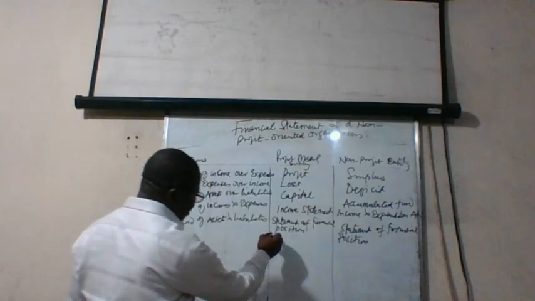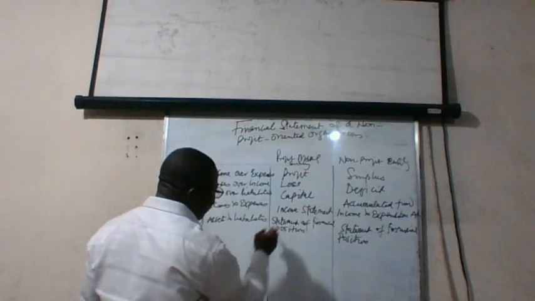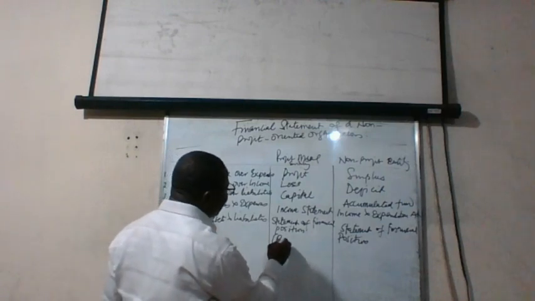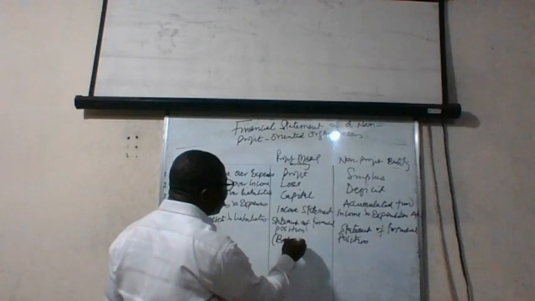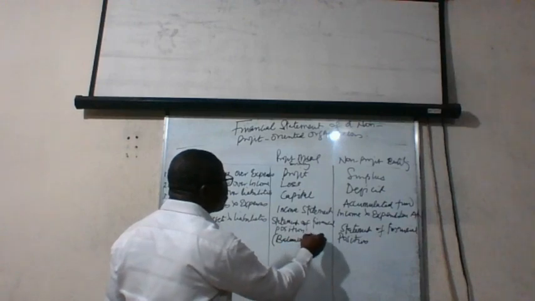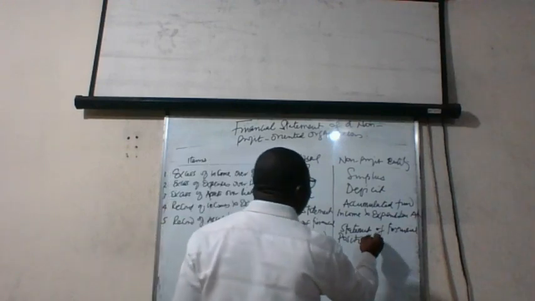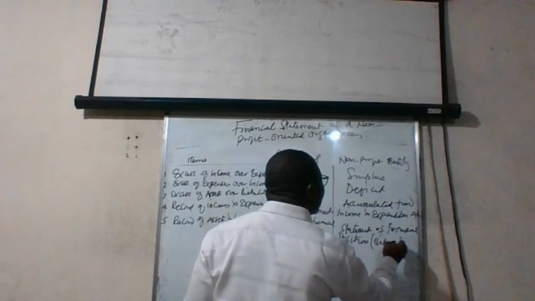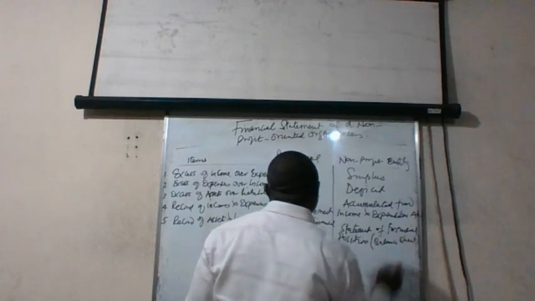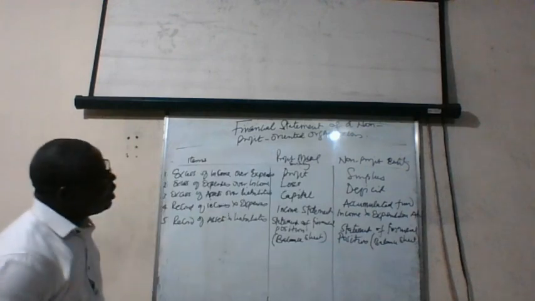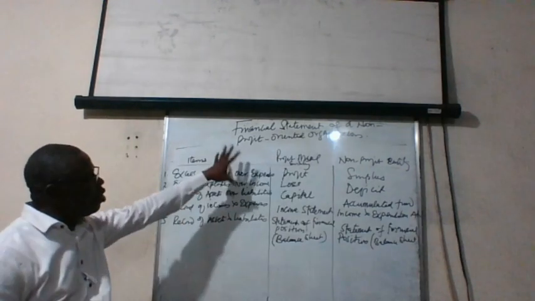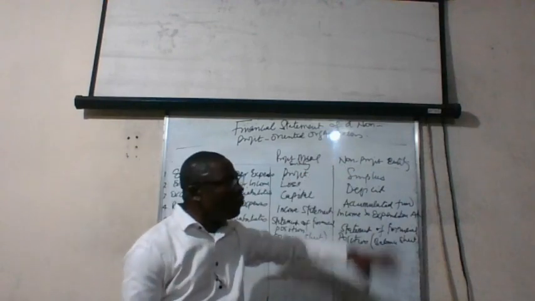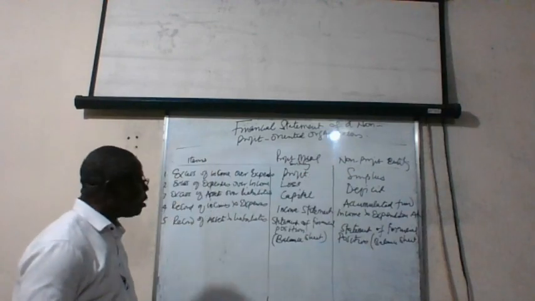That means the statement of financial position is the same thing as the balance sheet. So this is basically the difference between the profit making entity and the non-profit making entity.